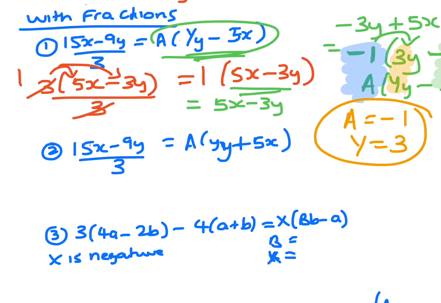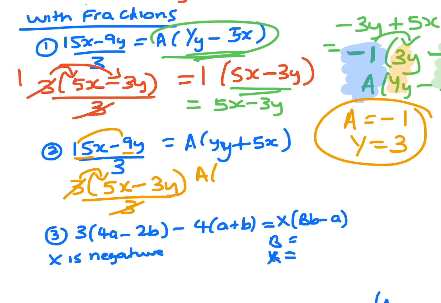Okay, so let's look at this one here. Common factor is 3, so we'll take that out. 3 times 5 is 5x. 3 times what gives you the 9? 3 times 3. So that would be 3y. That's over 3, so they cancel. So let's try and compare these here. So this is going to be A, and then we need minus 3y.